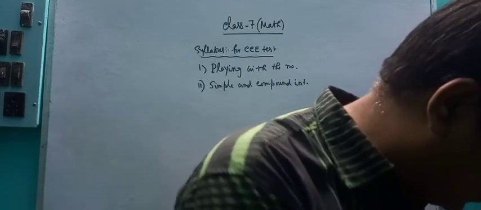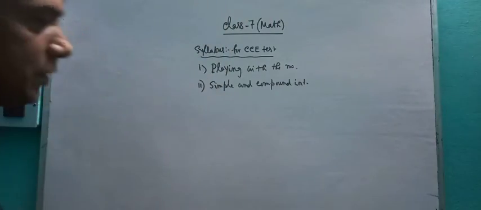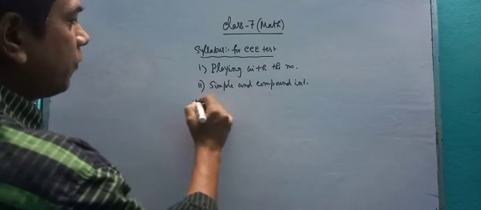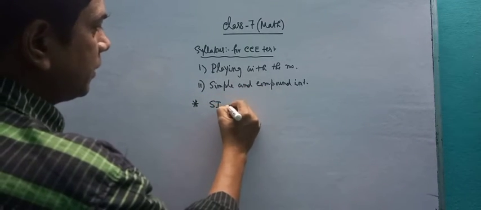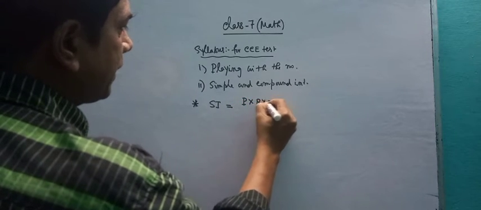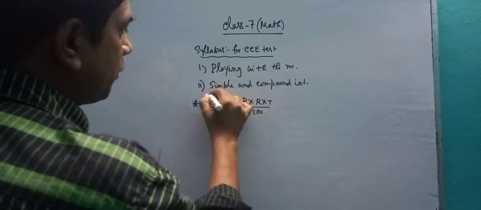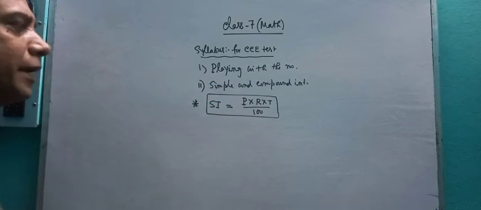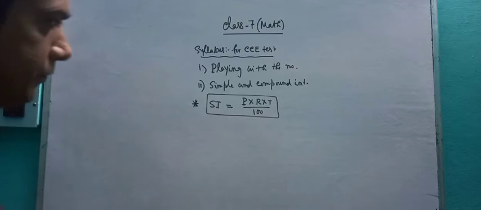So in case of simple and compound interest, you must keep the formula in mind. For simple interest, you should know that P into R into T by 100. From this formula you can make all the maths.